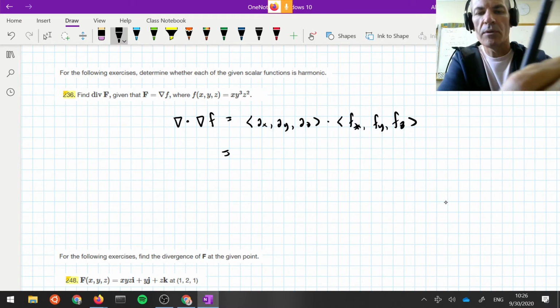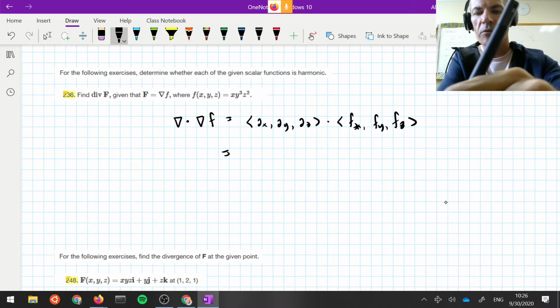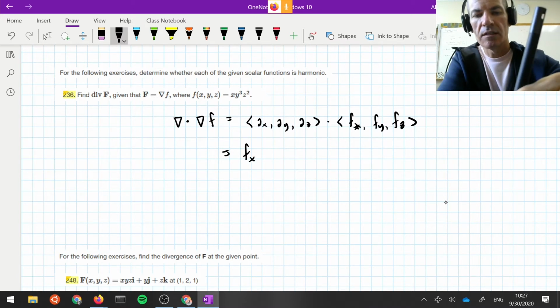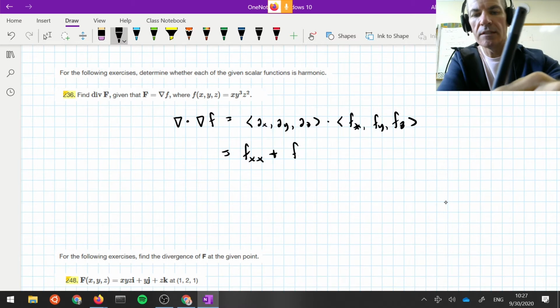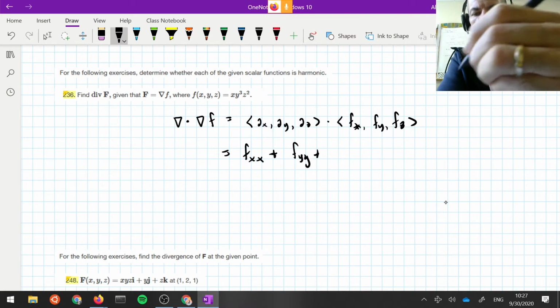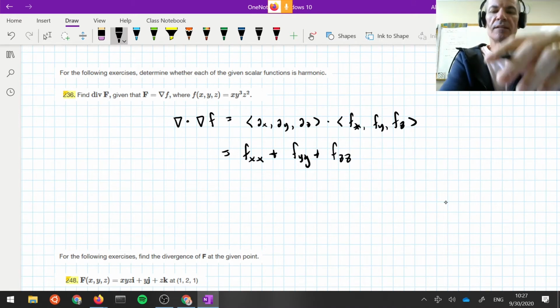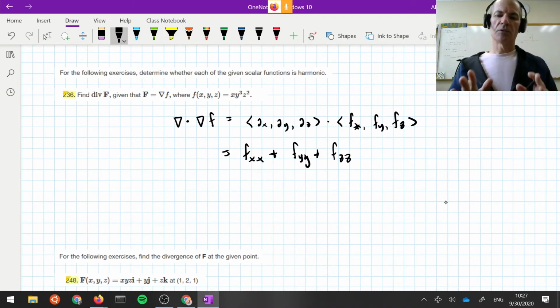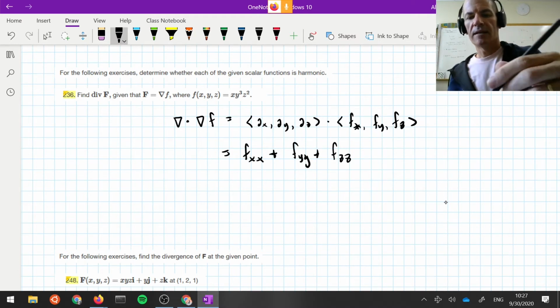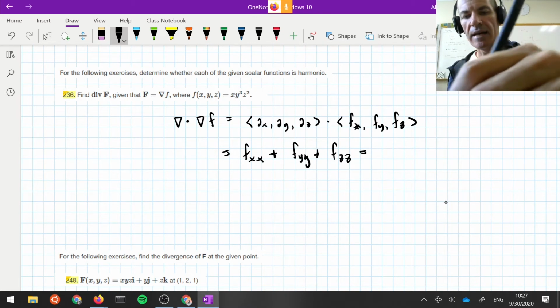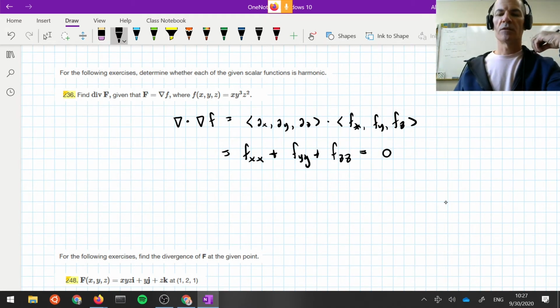If we do this dot product, we get the partial of f with respect to x twice, plus the partial of f with respect to y twice, plus the partial of f with respect to z twice. So we get these pure second partials, and a function f is harmonic if it's 0.